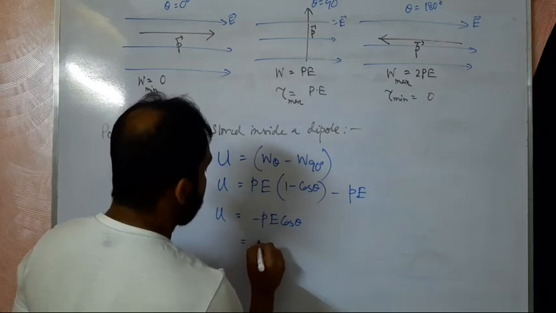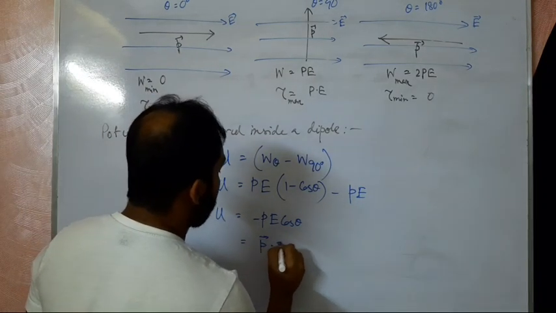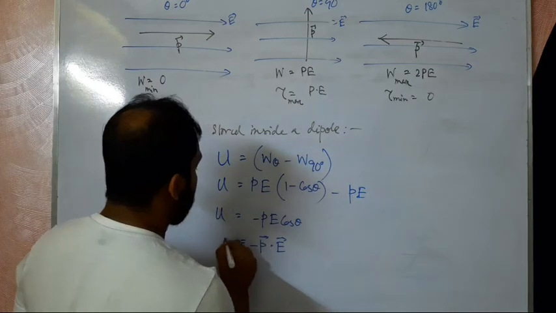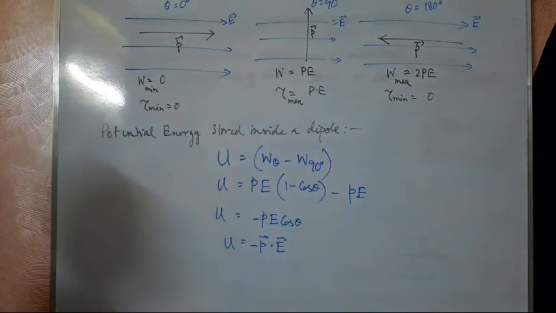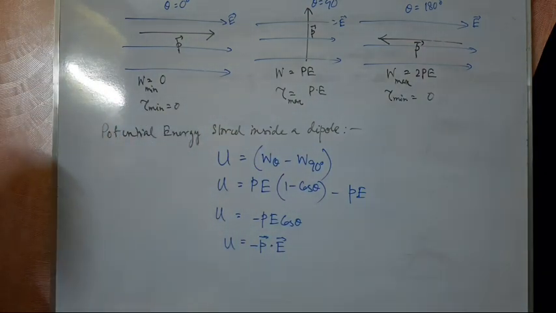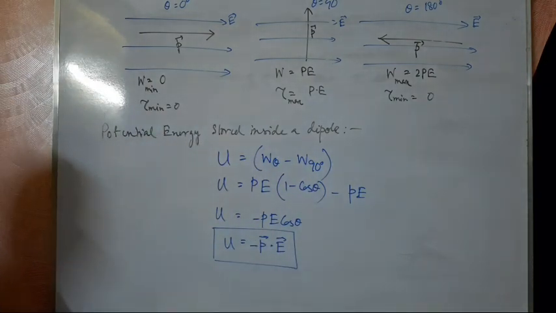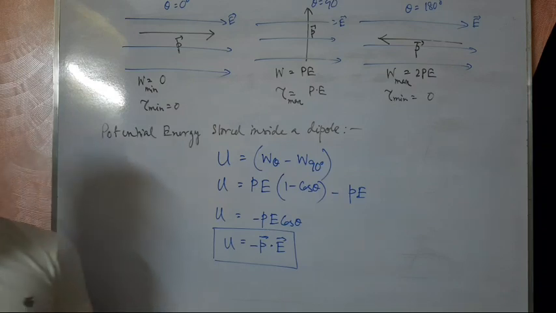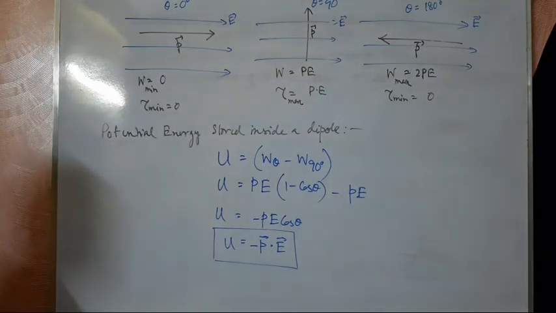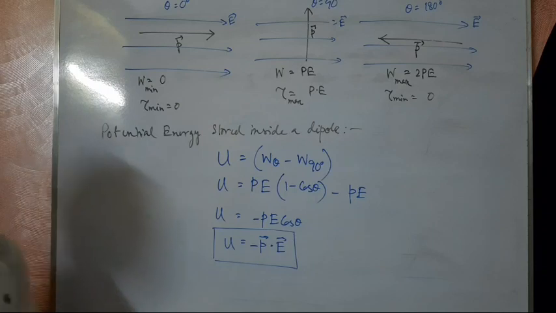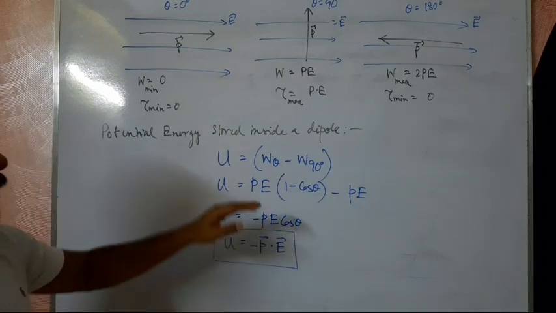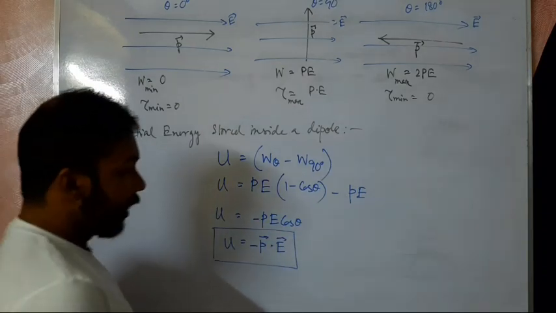We can write it as minus P dot E, because dot product means PE cos theta. So this is the amount of potential energy stored inside the dipole, minus PE cos theta, or minus P dot E.